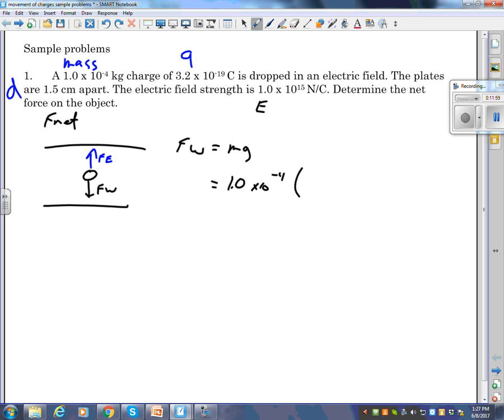We're going to multiply by 9.8. Oh, this is going to be negative, isn't it? So that's going to be minus 9.8 times 10 to the minus 4. Oh, yeah, right. Okay.